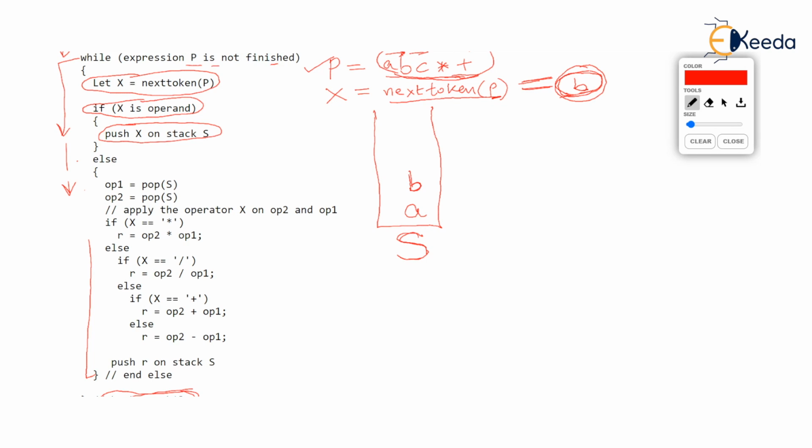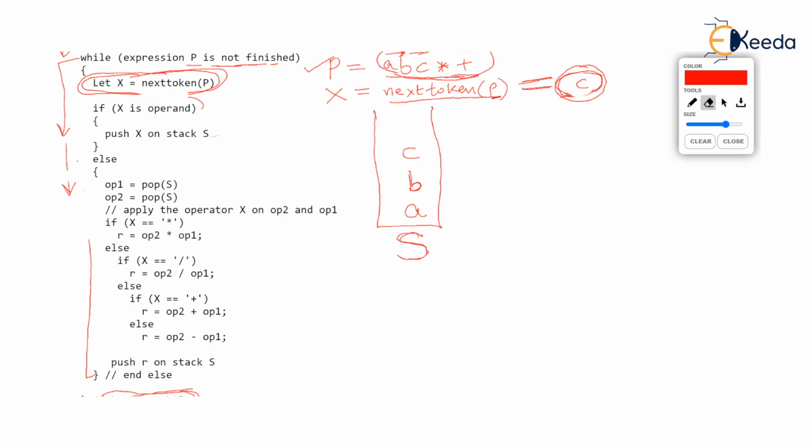Yeah, it is not finished. A lot of tokens are still pending. So we again take out the next token. The next token of P this time is going to be C. After A and B, C is the next token. And check that it is also an operand. So I will push C on the stack. And else will be dropped. And we are back to while.